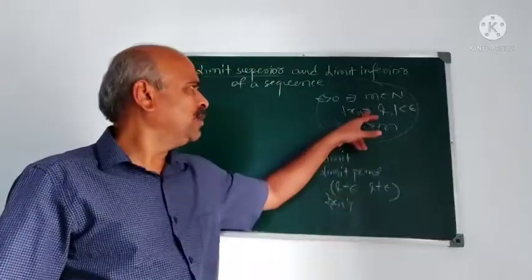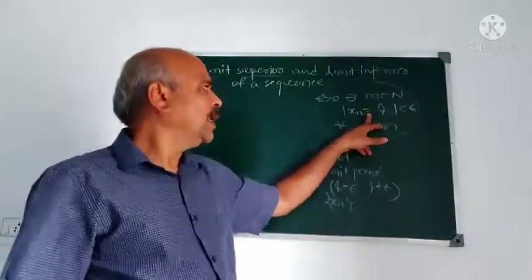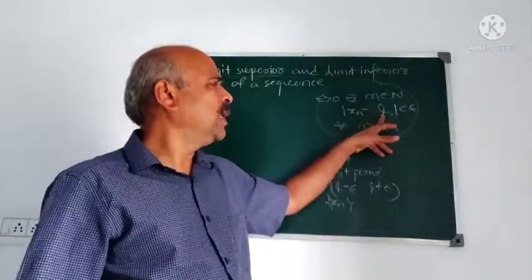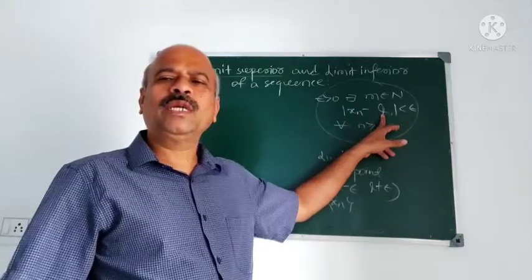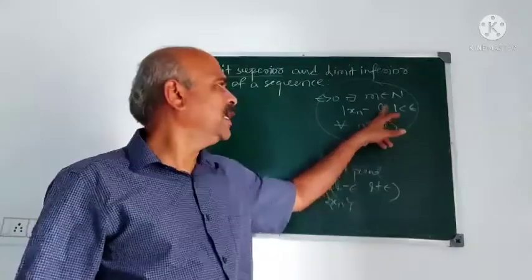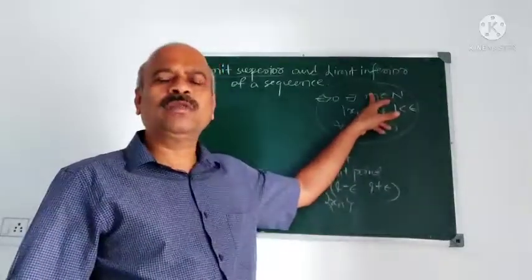The meaning of this is that a small neighborhood of L contains infinitely many points of the sequence xn.